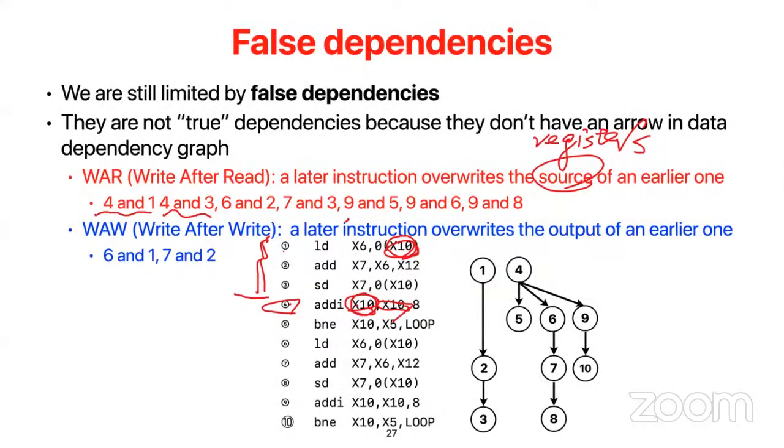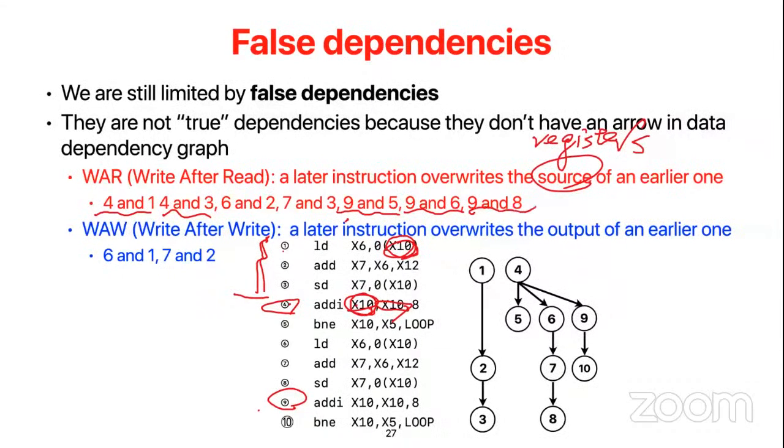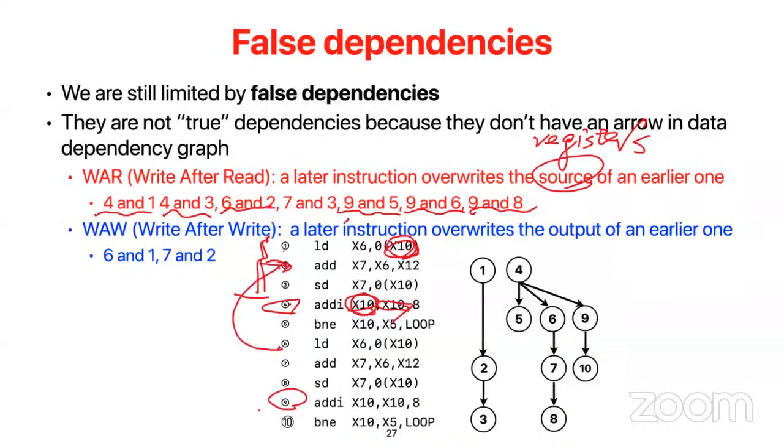Similarly, for instruction 9, there will be 9 and 5, 9 and 6, 9 and 8. They all fall into the same category. For instructions 6 and 2, if you try to load twice, then this add is not going to get the right result.